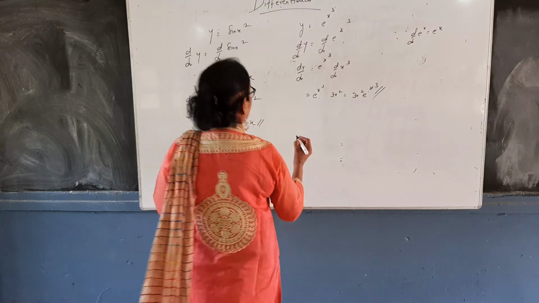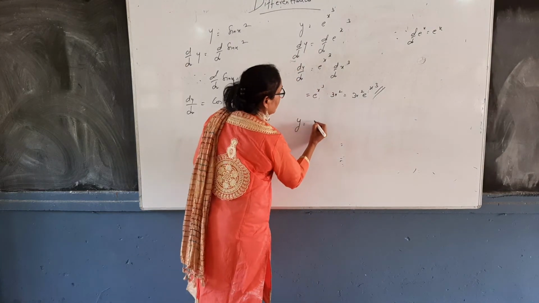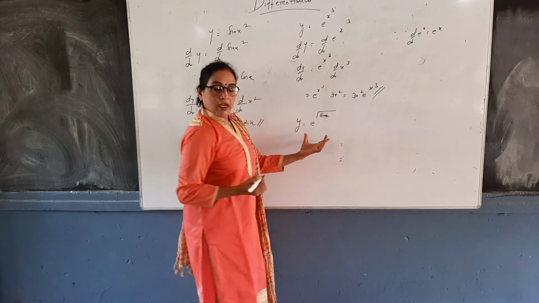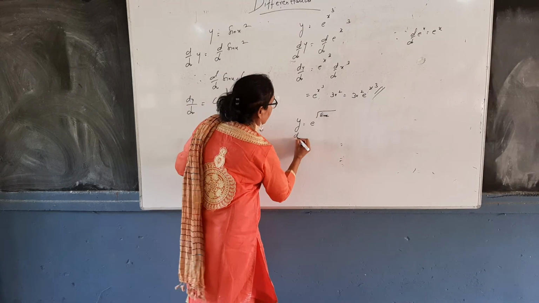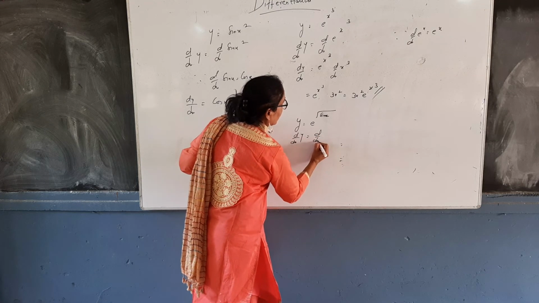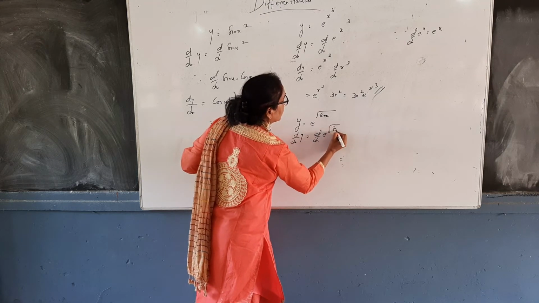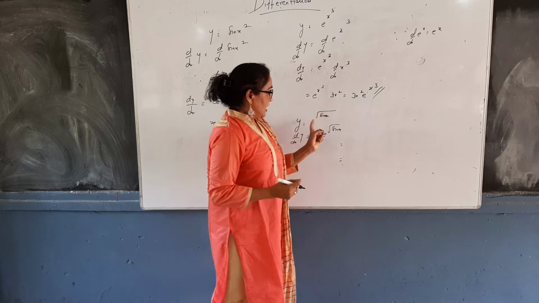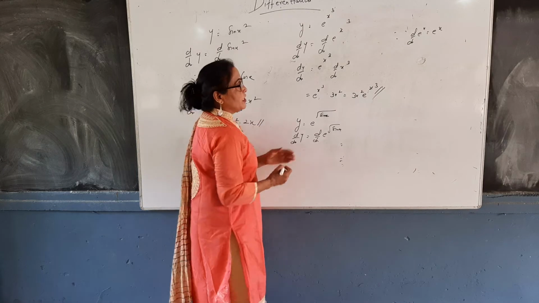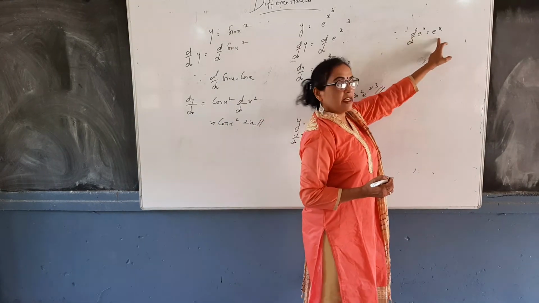Now if it is given y equal to e raised to power under root sine x, again dy by dx of y equal to d by dx of e raised to power under root sine x. Now we will suppose this under root sine x is x. So e raised to power x, d by dx of e to the x is e to the x only.